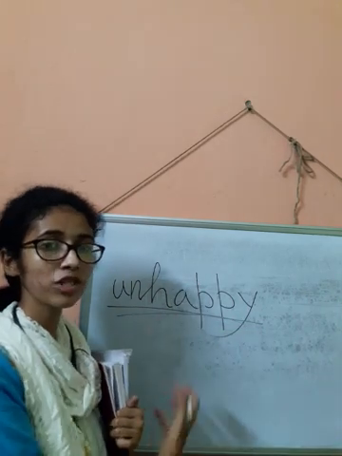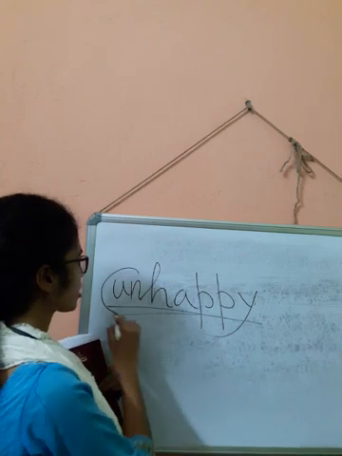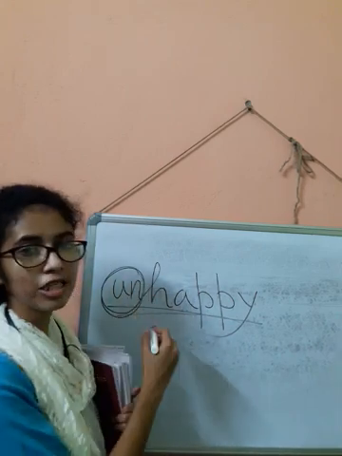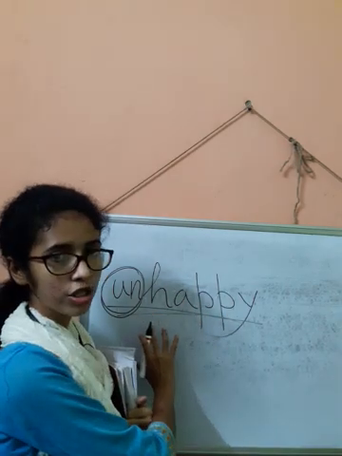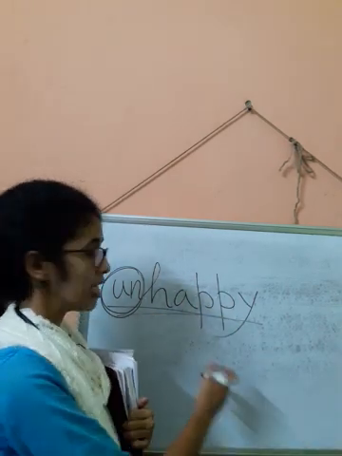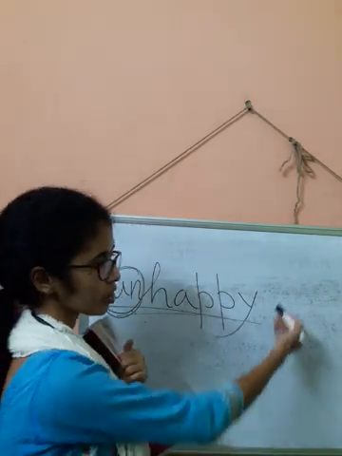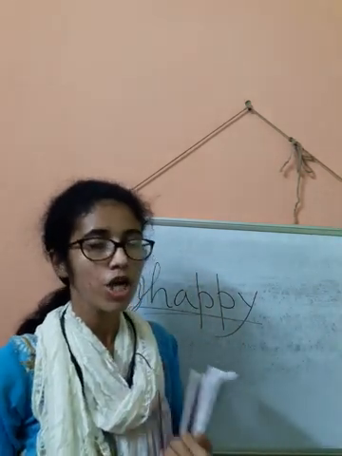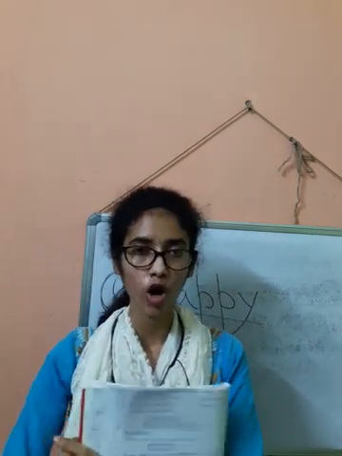In fact, the opposite word of happy. These two letters, which are an addition before the word to make it a new word, are called prefix. And when we add letters after the word, that is called suffix. Here we are not talking about suffix, we are talking about prefix only.